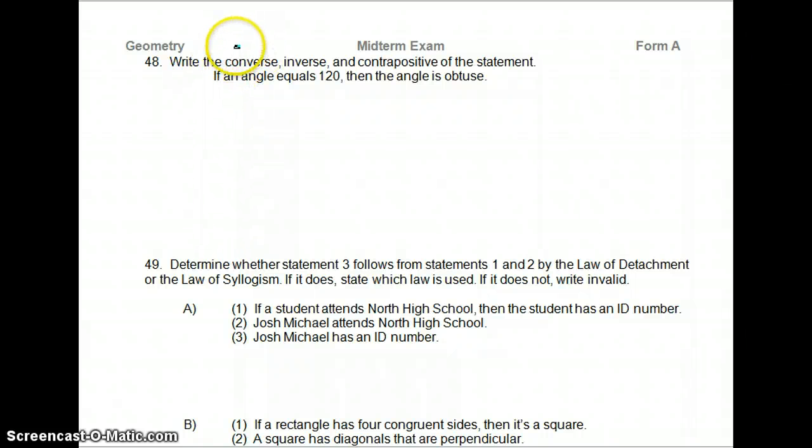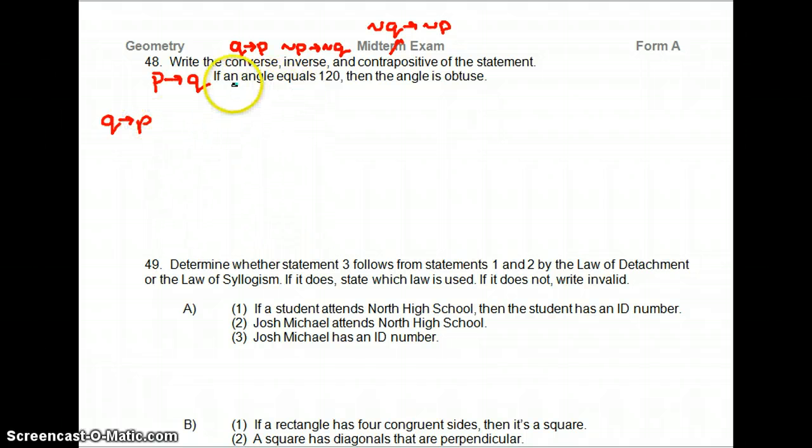The converse is going to be, we flip the original statement around, so that's going to be Q implies P. Inverse, we're just going to say not P, not Q. And then the contrapositive, not Q, not P. The original statement is always P, Q. So converse, Q arrow P. And this is the part we're going to be moving. We're not moving the if and the then. This is P, this is Q.